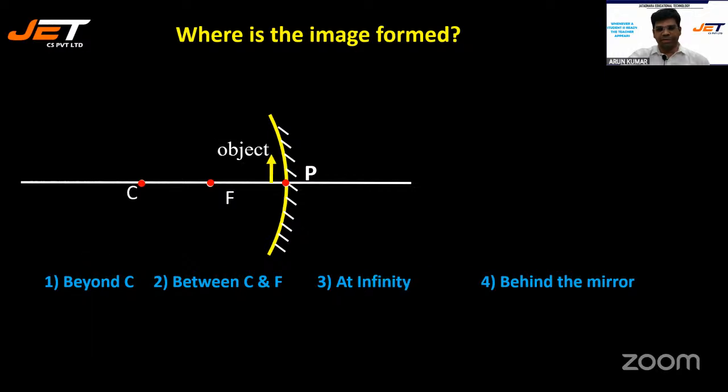Now over here, if the object is between focus and pole, where is it formed? I'll just give you 5 seconds to answer this question, students. One, two, three, four, and five.